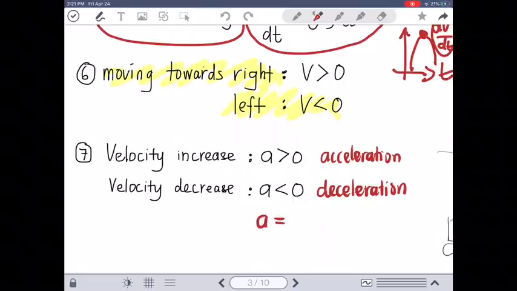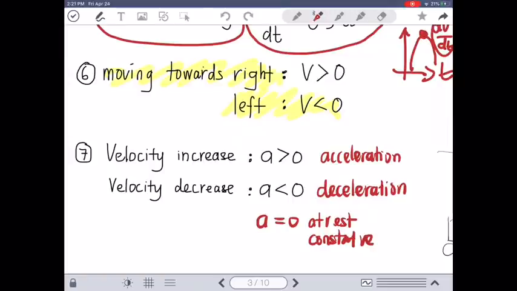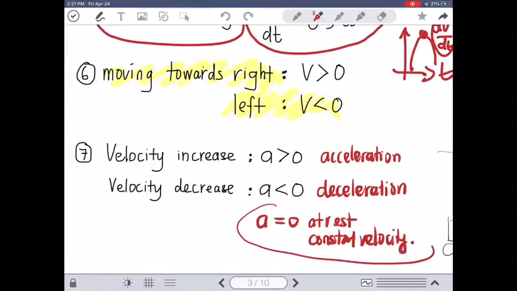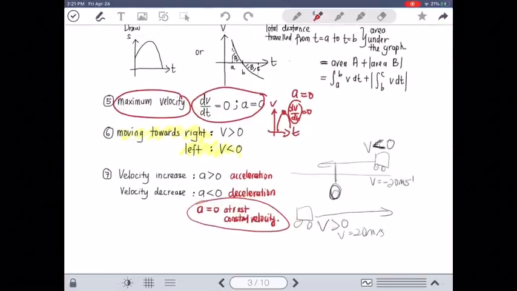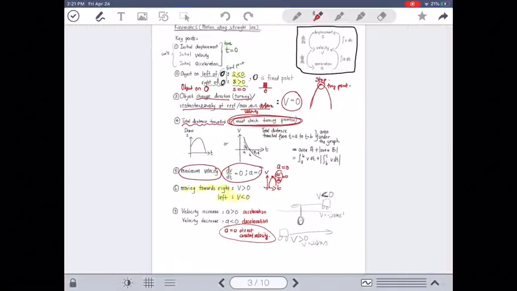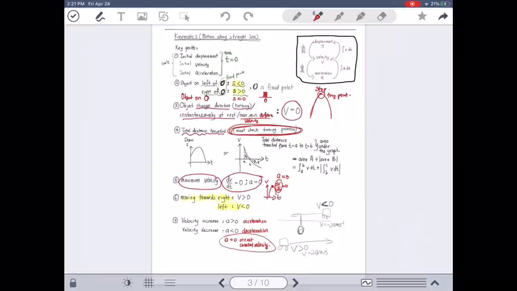If a equals 0, it means that maybe the object is at rest, or maybe at constant velocity, no acceleration. So these are the important concepts that you need to know. Now we are going to have a look at a few examples on how to answer the questions.